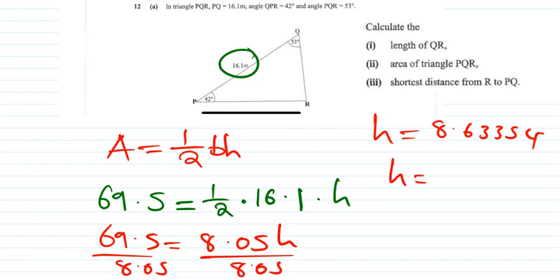Let's go for one decimal place, which is 8.6. The units are meters. That's how you find the altitude. Simple and straightforward. So that's it for this question under trig.